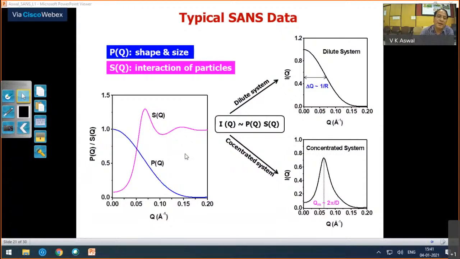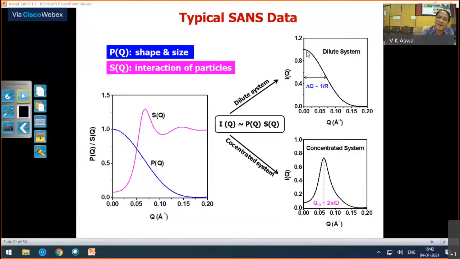So the typical intraparticle structure factor, or form factor, is of this kind, monotonically decreasing as a function of Q. And this is your structure factor, particularly when you have short range interaction in the system. Most of the scattering patterns you will see in small angle scattering will be this, going down as a function of Q, and this width will be reciprocal to the size.